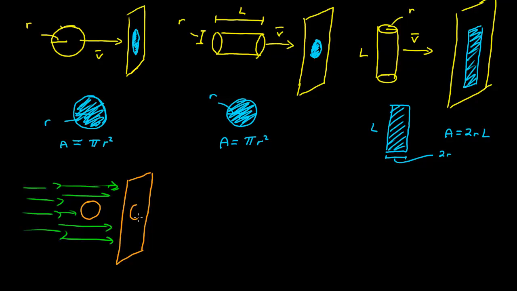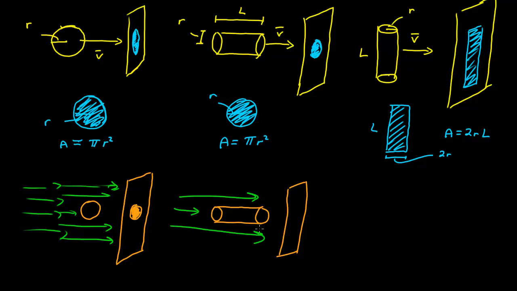And then that object will cast a shadow on that plane, we'll call it a screen, that's equal to the cross-sectional area. Again, if I have a cylinder like this, and I have light that's being shown in the direction of the velocity, it then casts a shadow on the screen equal to the cross-sectional area.